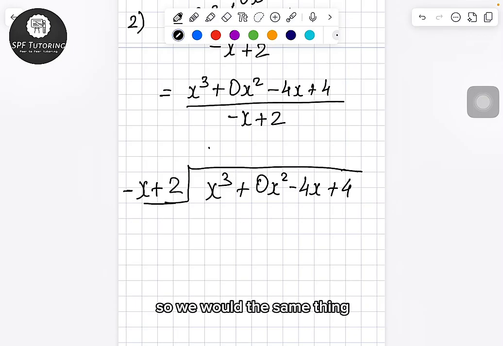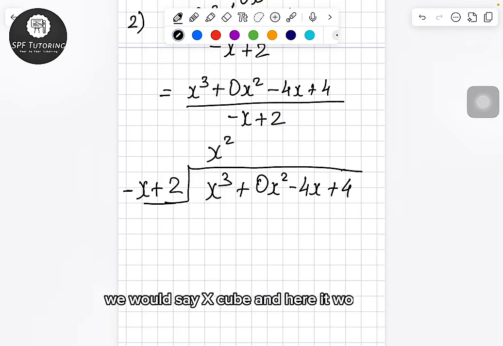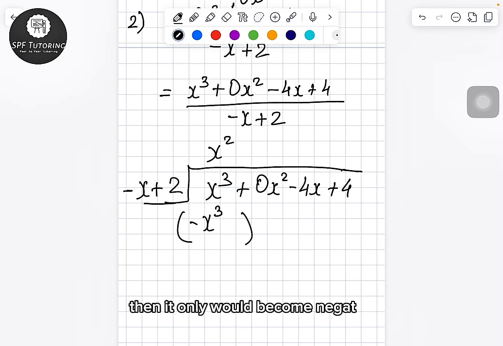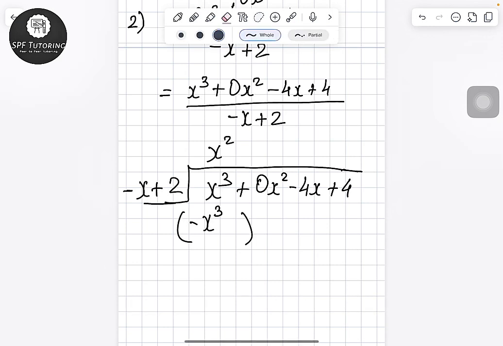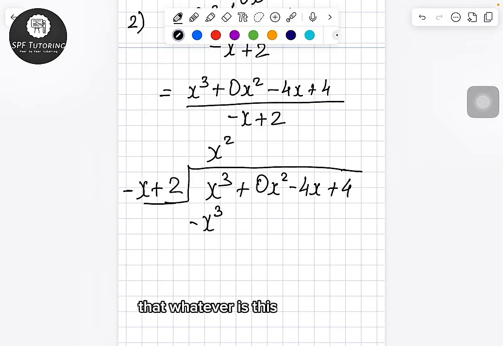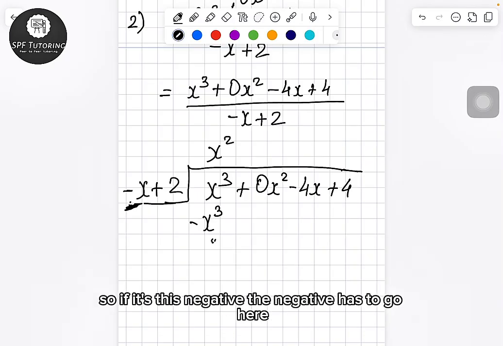So we would do the same thing. What times x would give you the x cubed? We would say x squared, and here it would be x cubed. And like, oh, it's negative, but we want it to be positive, because when we do a bracket, it would only become negative. That's why you always remember that whatever sign is up here has to go here.